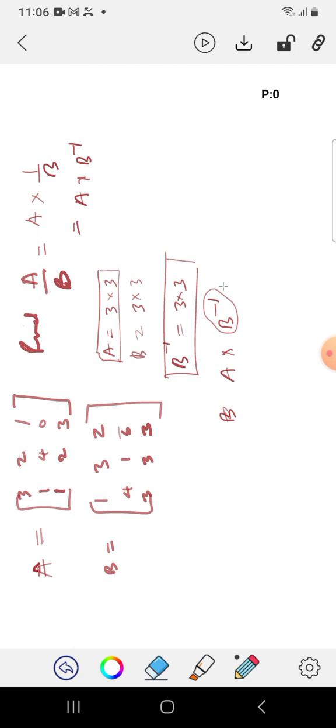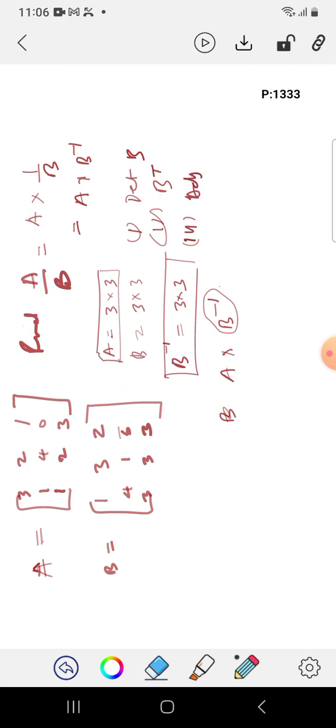To find B inverse, first find the determinant of B. Second, find the transpose of B. Thirdly, find the adjugate of B transpose.